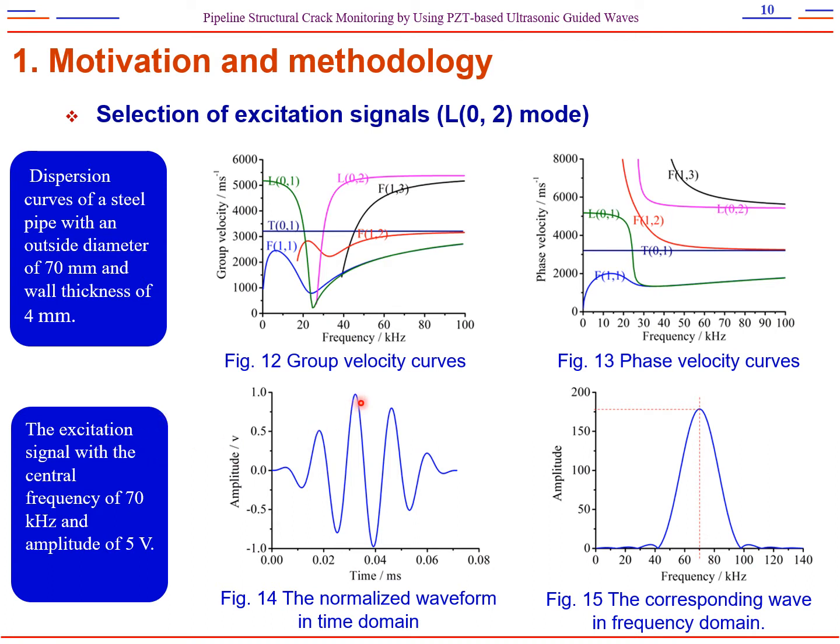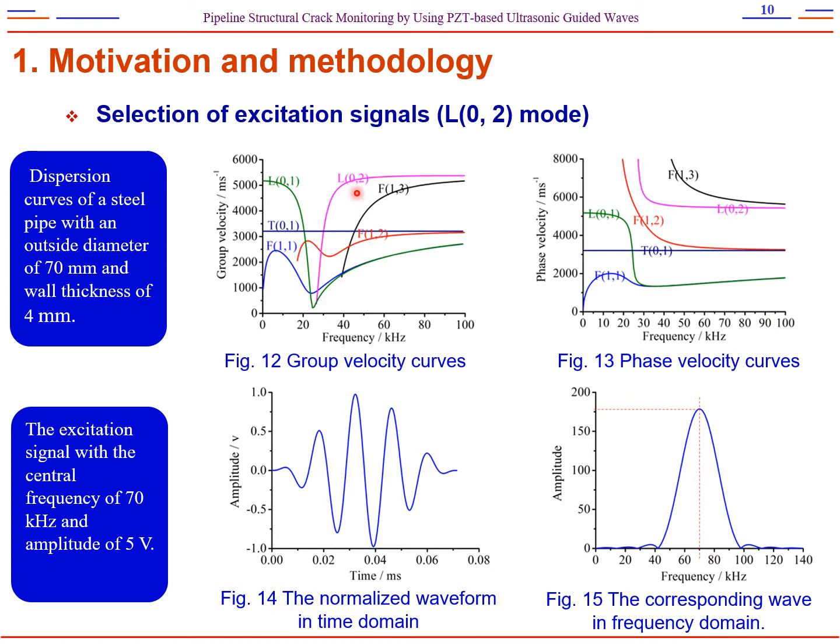From Figure 12, we can see that L02 mode is very special because of two issues. One, L02 mode, the velocity is the fastest one, which can be detected easily. We can use the head wave method to detect this mode.